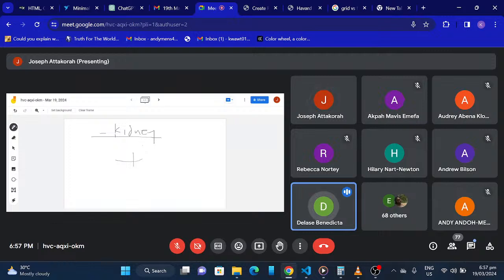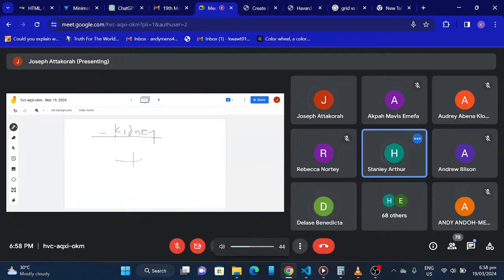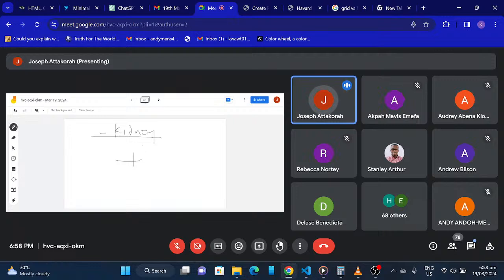Can we say that the waste products will end up being deposited in the wrong places? Are you asking me or you're answering my question? Okay, sir, the waste products will be deposited in other organs where they are not supposed to be.